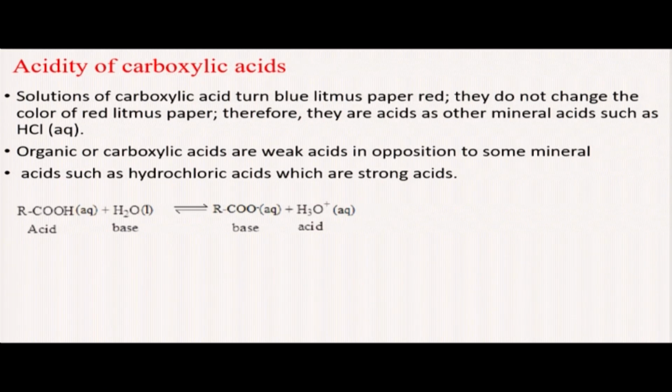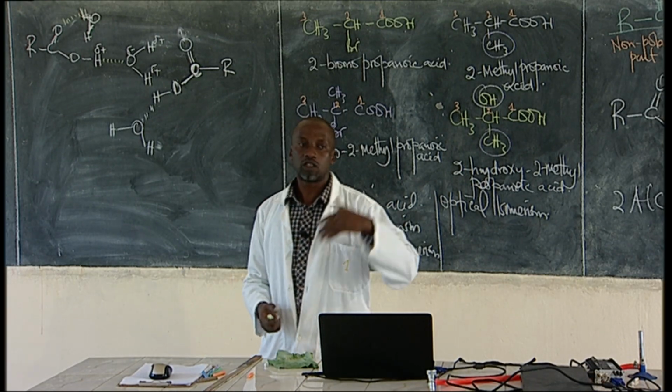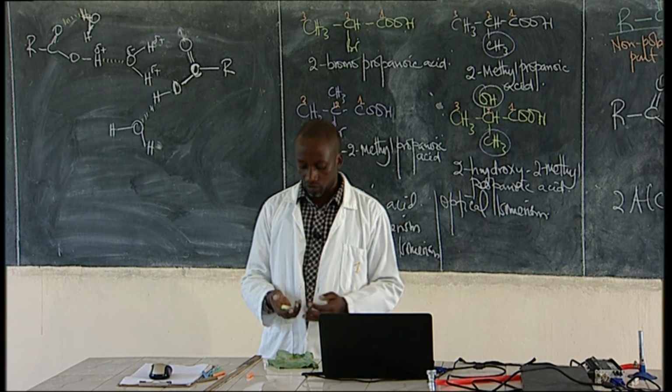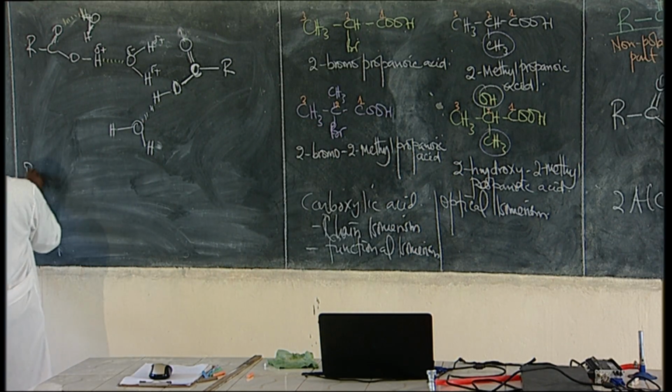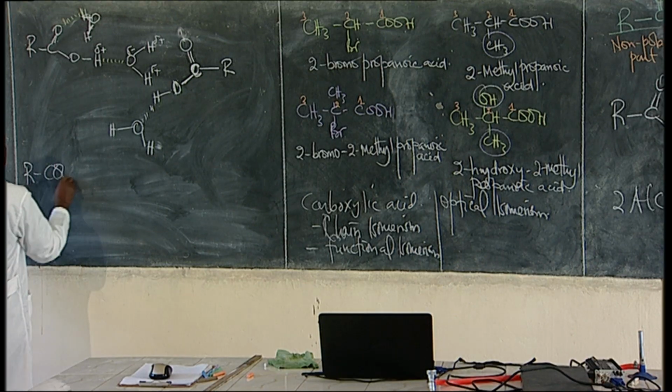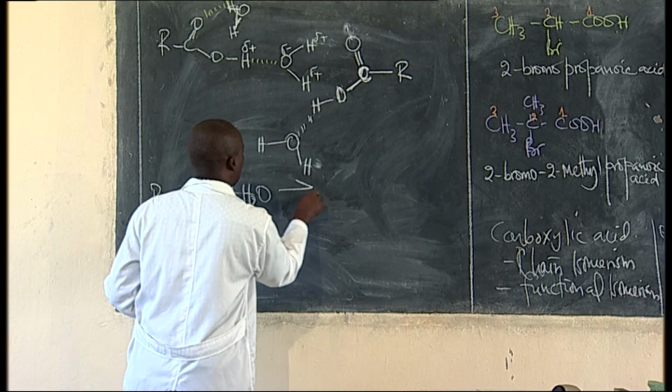But organic carboxylic acids are weaker acids, and their acidity even depends on other substituents. For example, if you have such an acid, when it reacts with water, it ionizes.